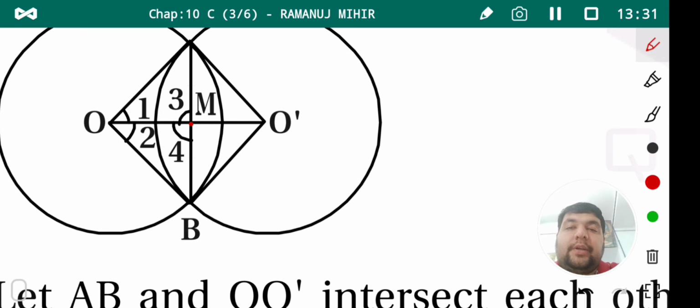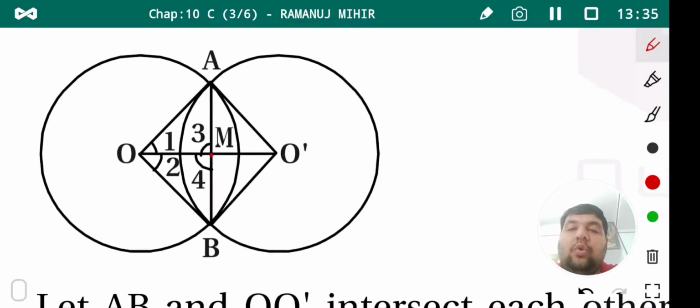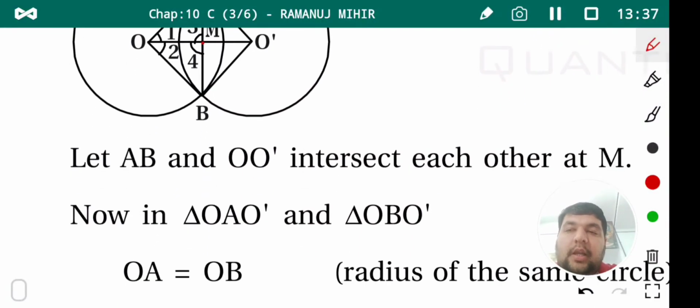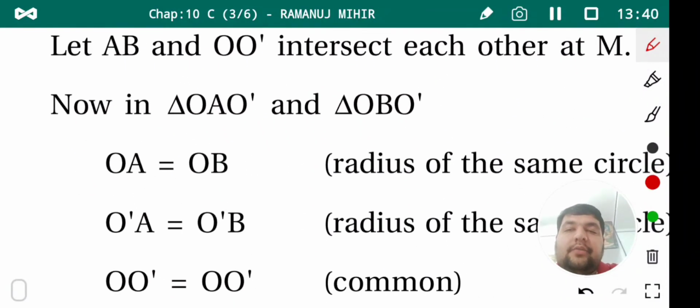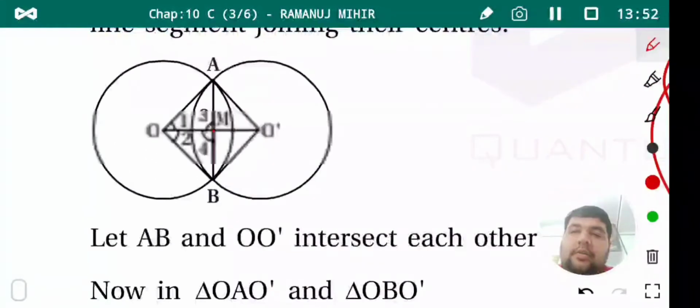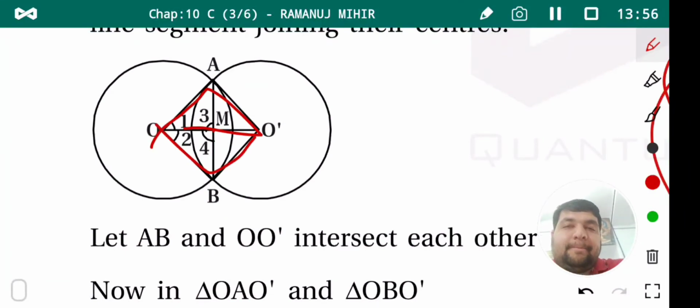It is the point of intersection of AB and OO dash. Now take two triangles, OAO dash and OBO dash. This is the upper triangle and this is the lower triangle.